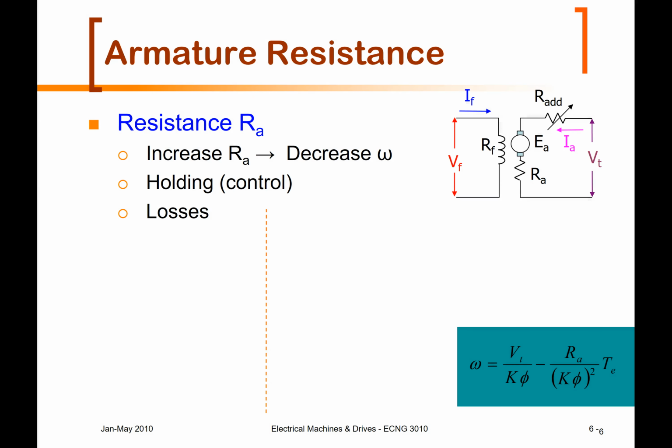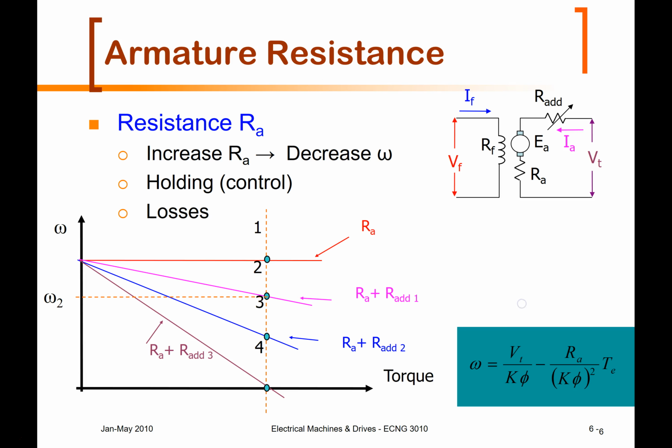So first of all, we have armature resistance, and if we look at the equation here, we'll see that the armature resistance controls the slope. So the higher the resistance, the steeper the slope, the higher the magnitude of the gradient. Here the y-intercept is not affected because we don't have R there.